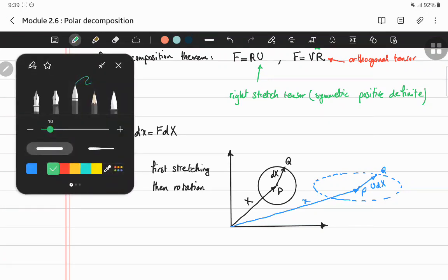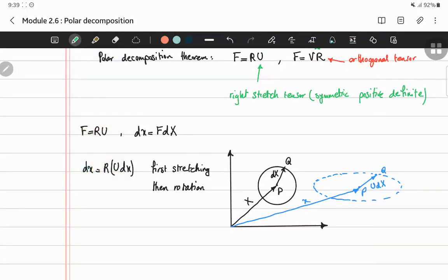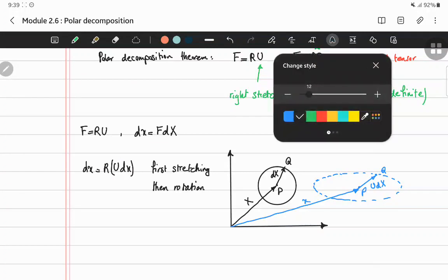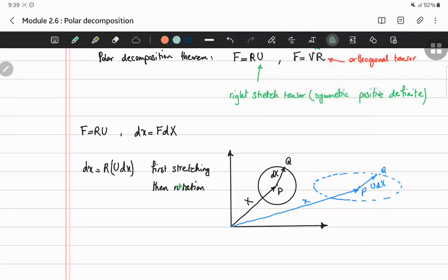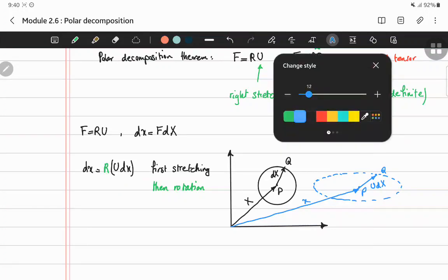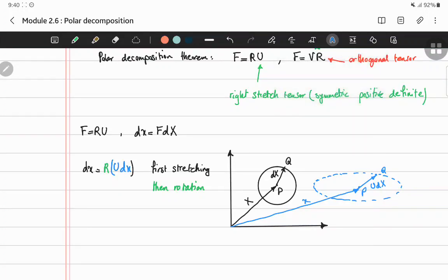And then rotation. So this is the rotation, and here I have this stretching first, then I have the rotation.